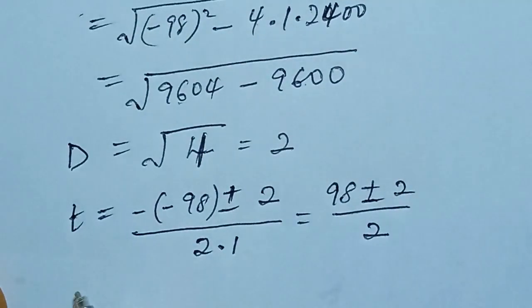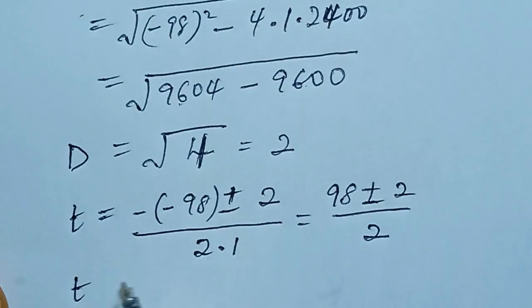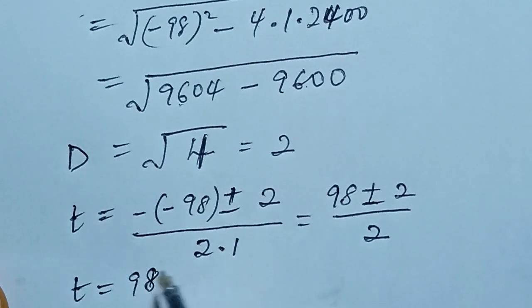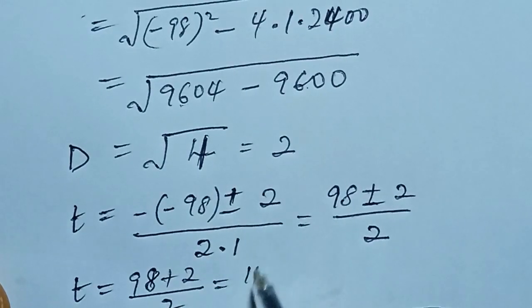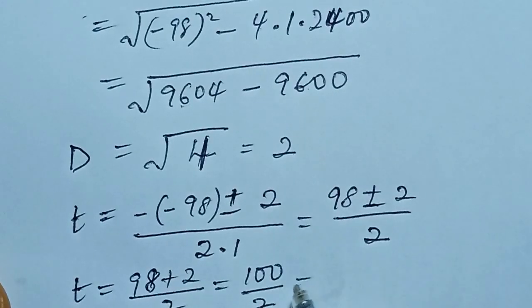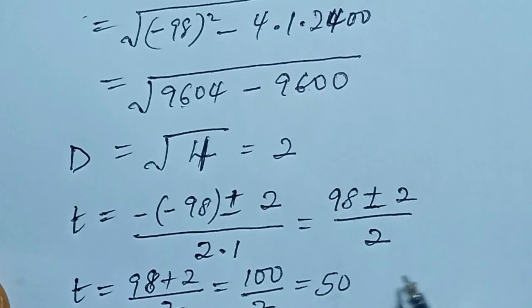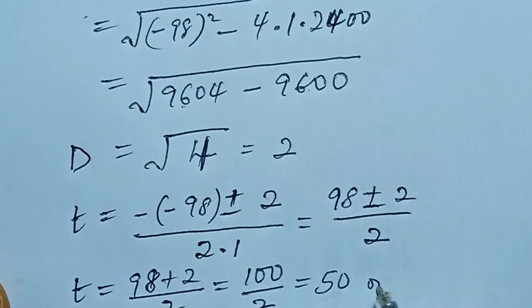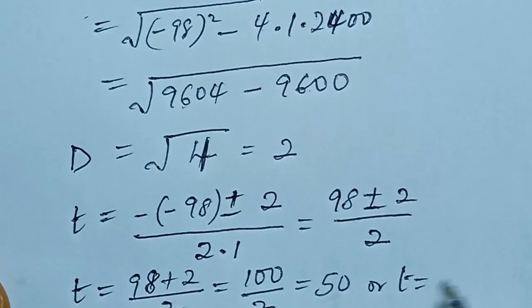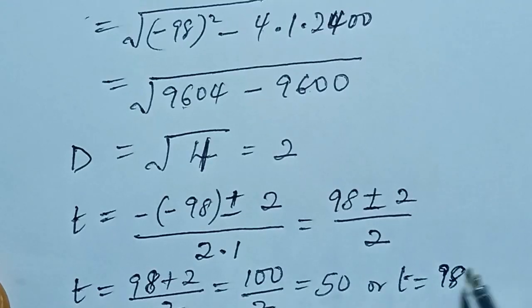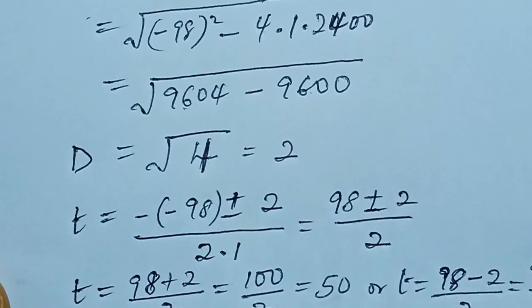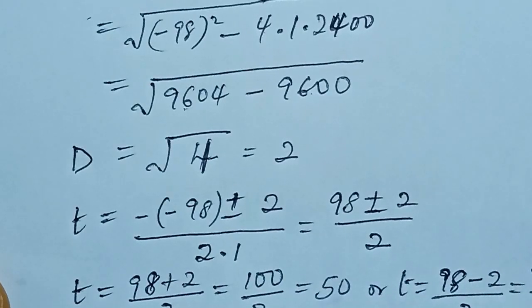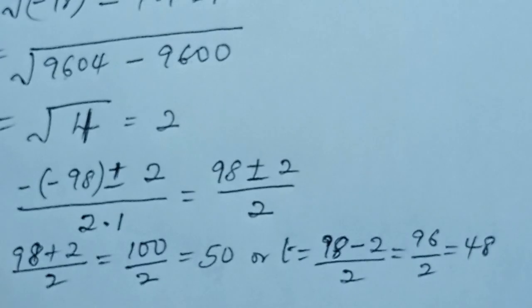So it implies that t has two values. t is either equal to 98 plus 2 over 2, which is equal to 100 over 2, and that will be given as 50, or t will be equal to 98 minus 2 over 2, which is equal to 96 over 2, which is equal to 48 as our second value of t.